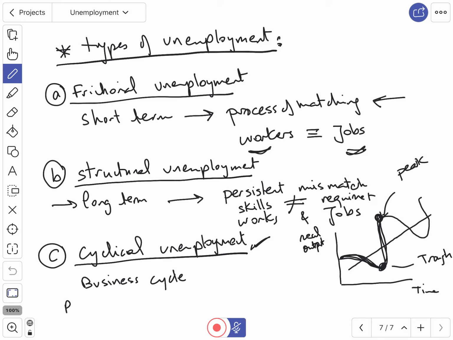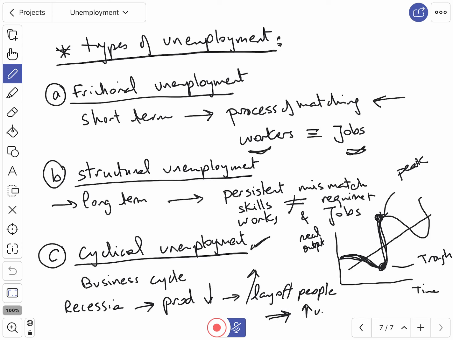So whenever I have a recession, what happens? Production decreases, and firms lay off people, so the layoffs would increase. And as the economy recovers, people are rehired again, right? So layoffs increase, and this would cause an increase in unemployment, and the opposite is true.